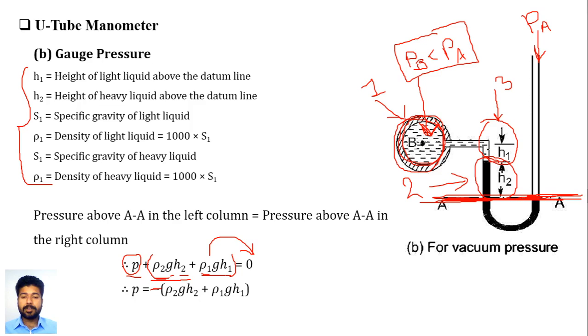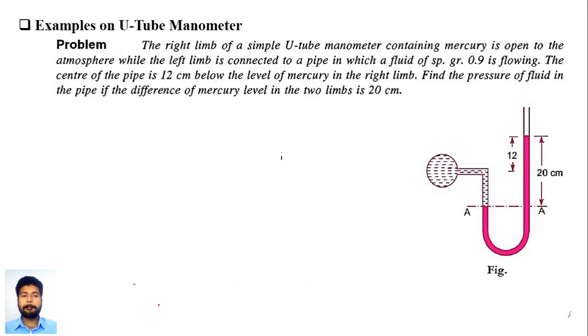Let's see some examples on these gauge pressures, which are asked in our examinations. The first problem on this manometer, problem number 1: the right limb of a simple U-tube manometer, this one is your right limb and this one is your left limb.